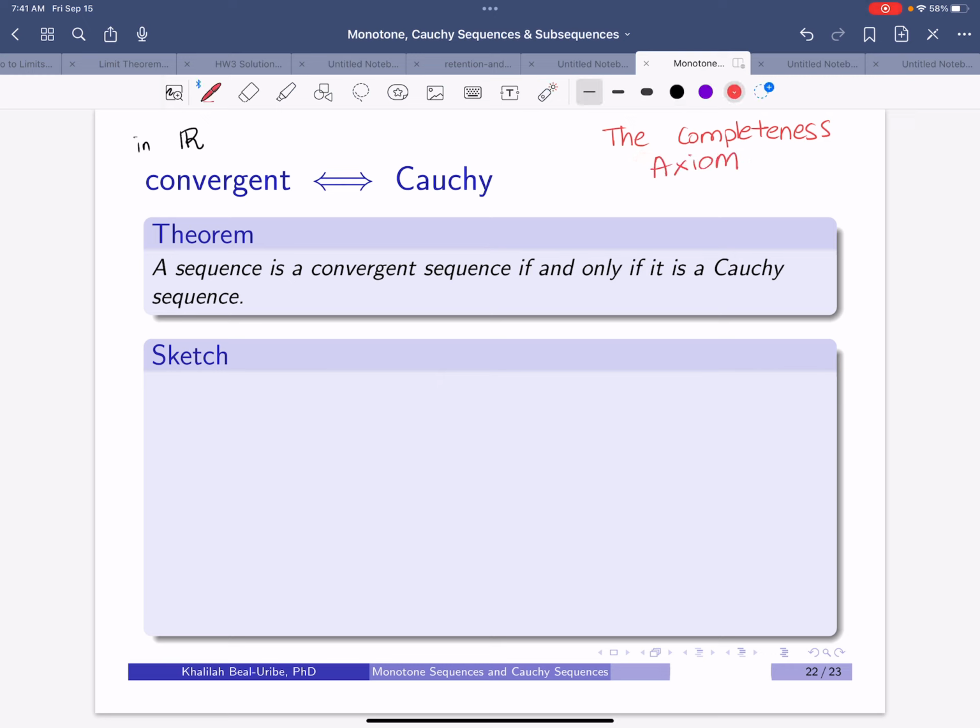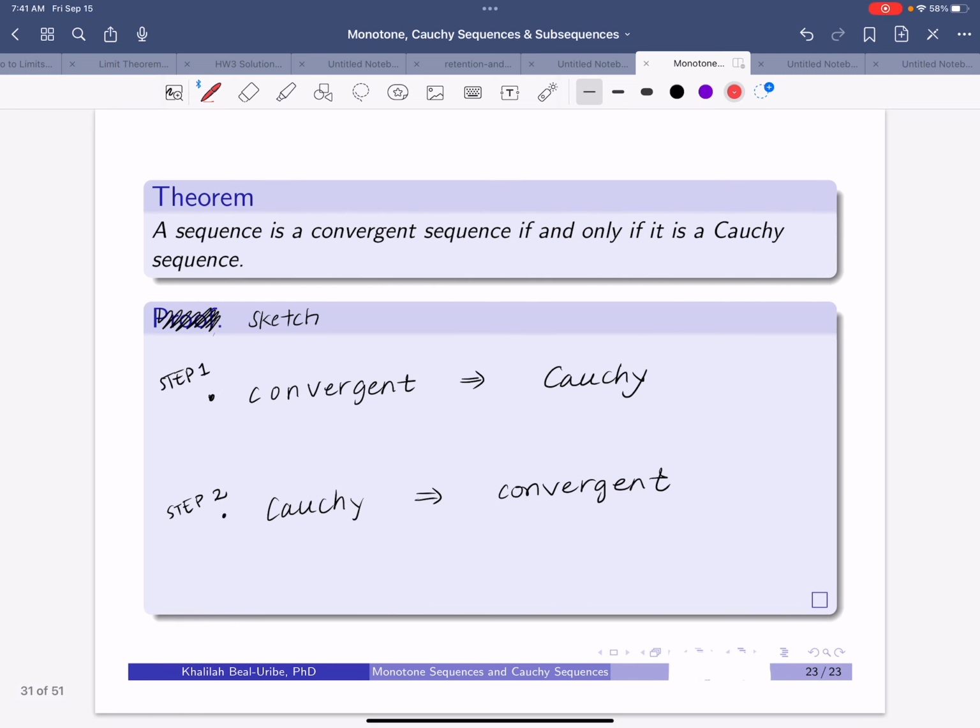So it says a sequence is convergent if and only if it is a Cauchy sequence. And the first step is to recognize that we have an if and only if statement here, right? So that means we really need to prove two things.